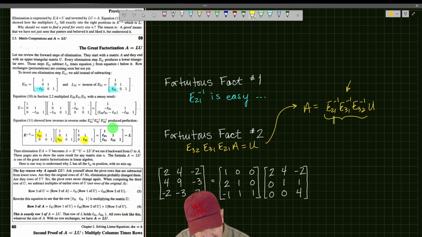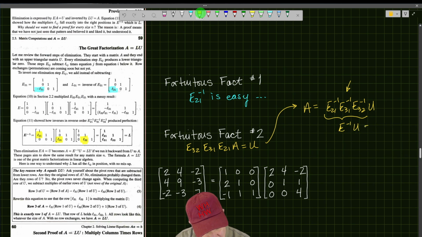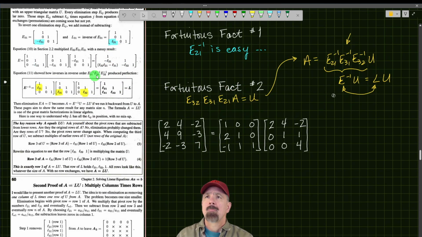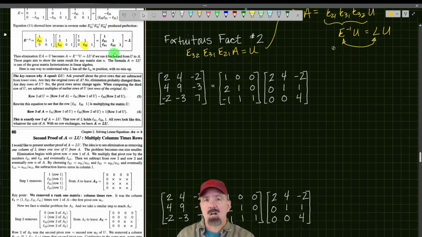So you remember that this is the E inverse times U, which is the same as LU, because the inverse of all of these elimination matrices put together is the lower triangular matrix we're after. So review those two facts. We talked about those already. I'm not going to spend much time on that.